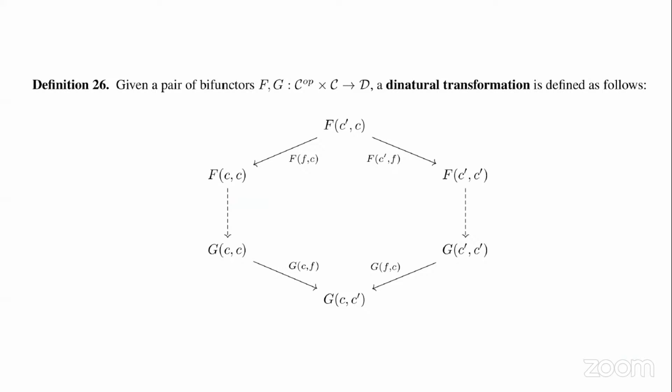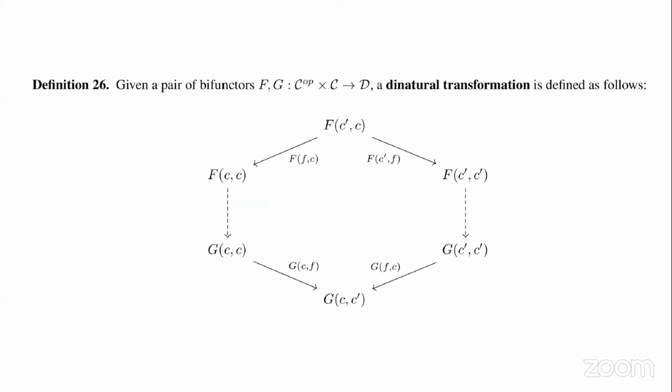If I go this way with the morphism f, which maps C to C prime, because it is contravariant, the arrow gets flipped. So I go from F(C', C) to F(C, C). In the second argument, it works covariantly, so I go from F(C', C) to F(C', C'), because I go from C to C'.